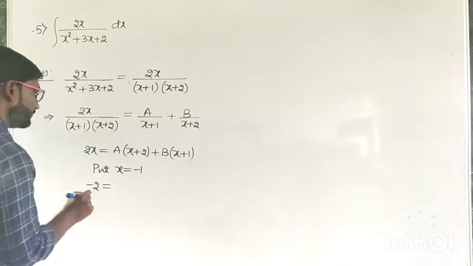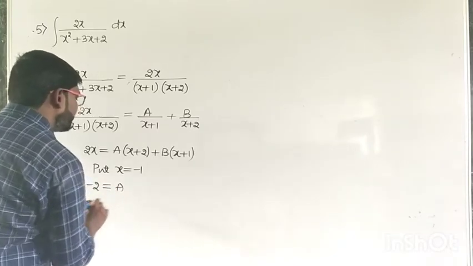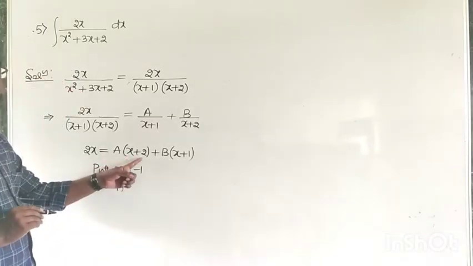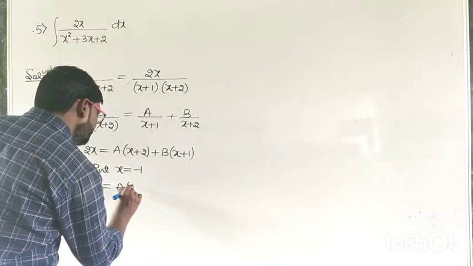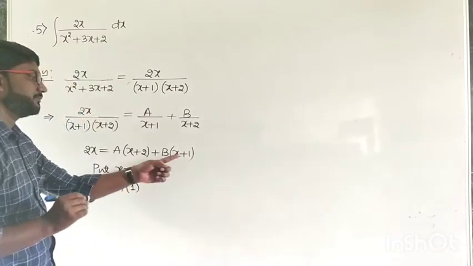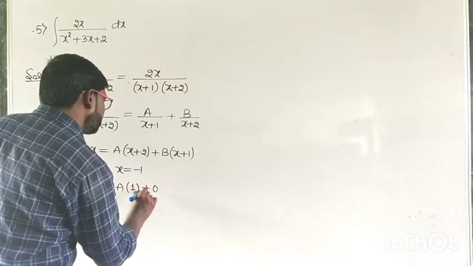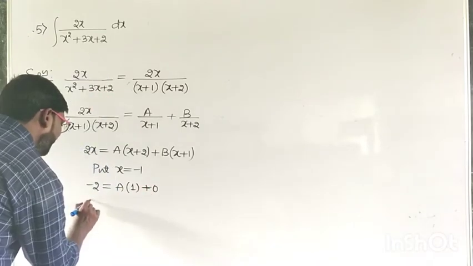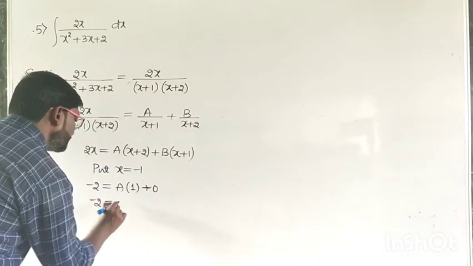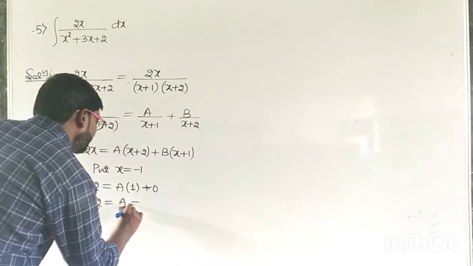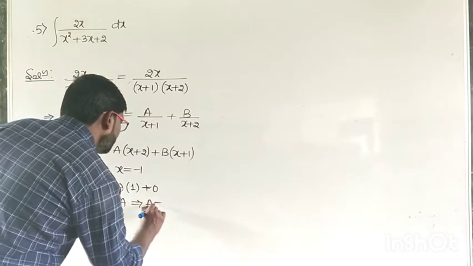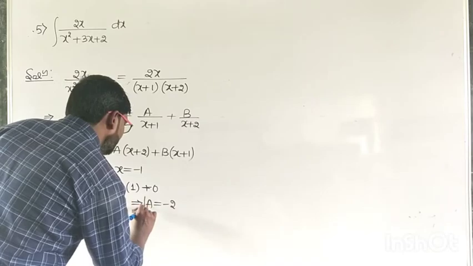This equals a into the bracket minus 1 plus 2, which will be 1, and this term will be 0 plus 0. So here minus 2 equals a. This implies a equals minus 2.